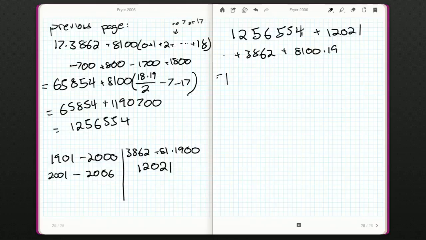So we get 1,256,554 plus 12,021 plus 3862. The last 3862 we'll ever need. And then 153,900.